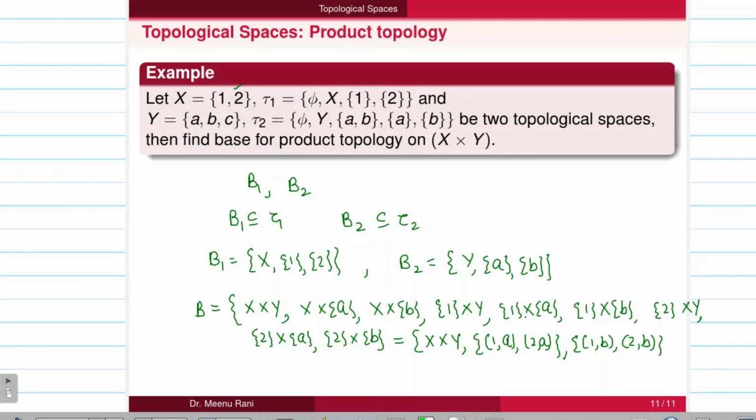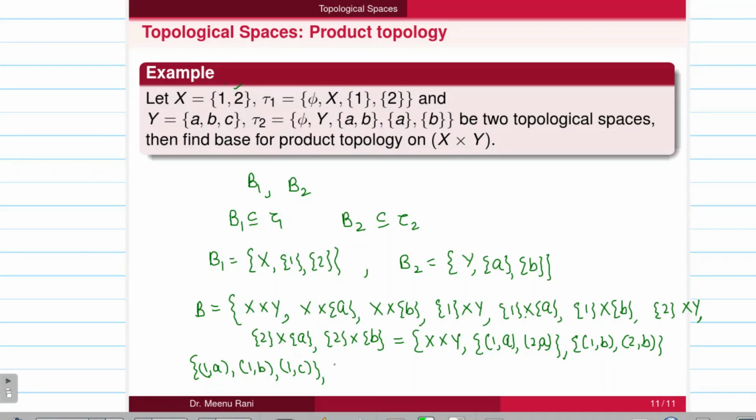Now {1} cross Y, Y means a, b, c, so it will contain 1a, 1b, 1c.